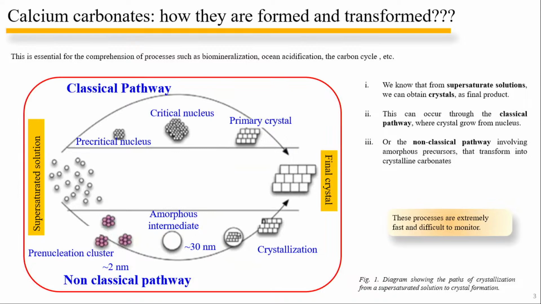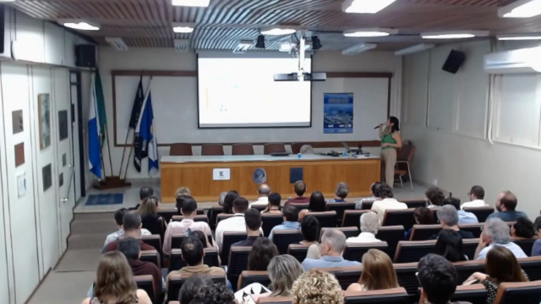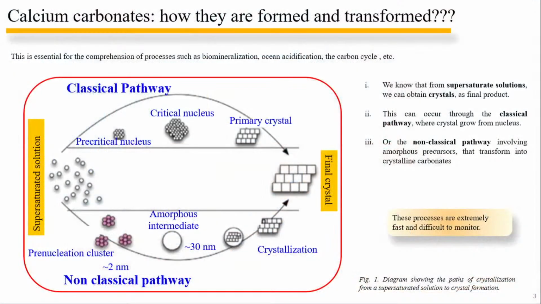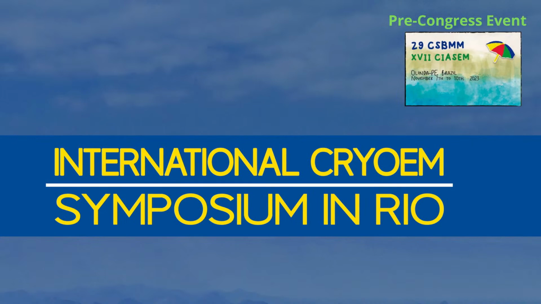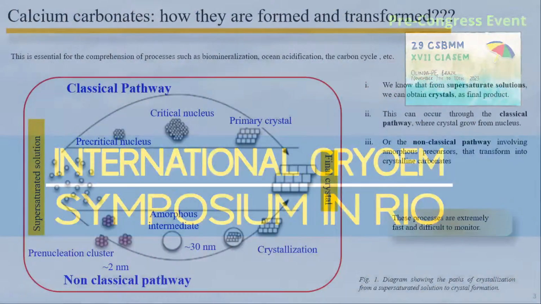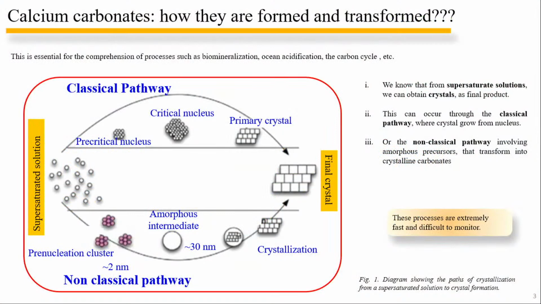This is essential for understanding processes such as biomineralization, ocean acidification, the carbon cycle, etc. We know that they occur through the classical pathway, with crystal growth from clusters, or the non-classical pathway involving amorphous precursors that transform into crystalline carbonates.